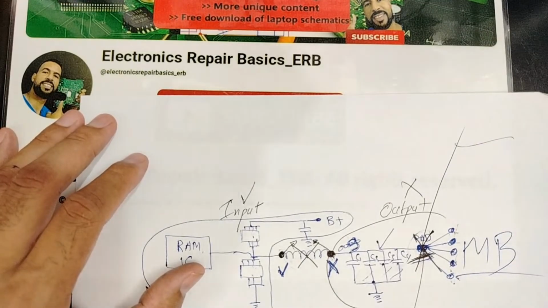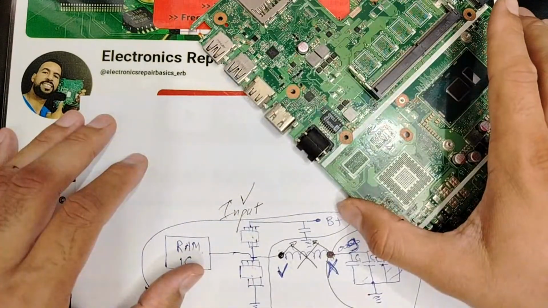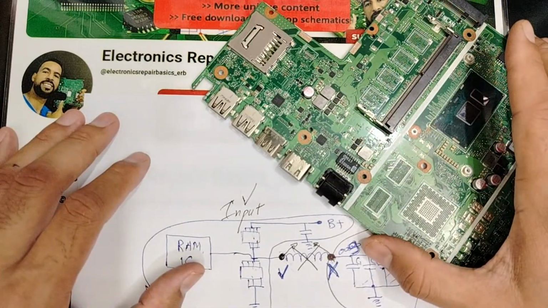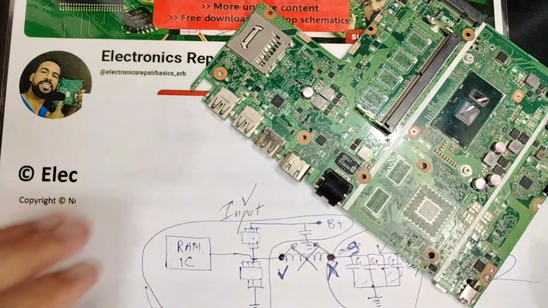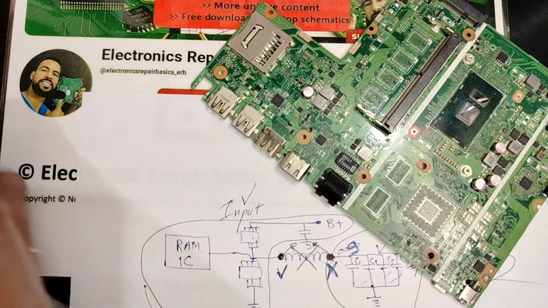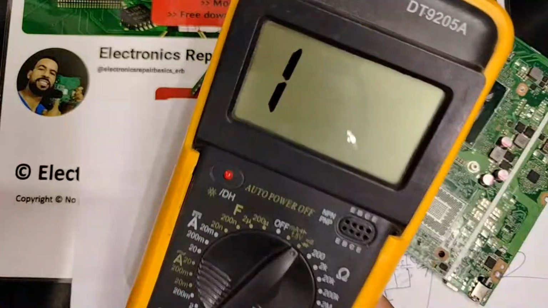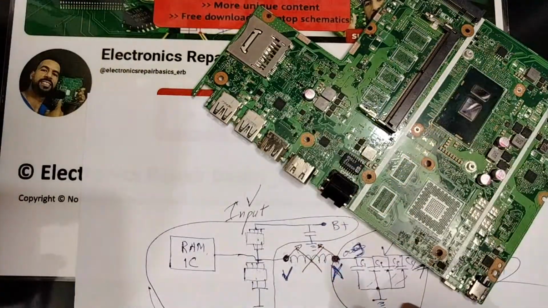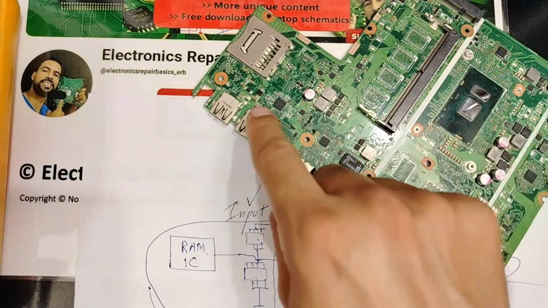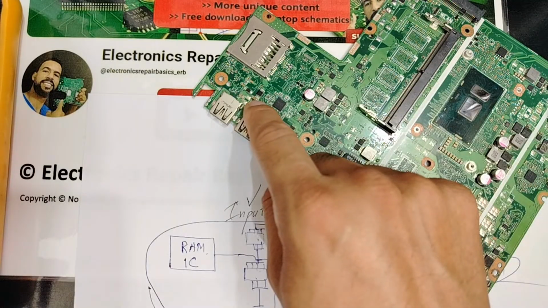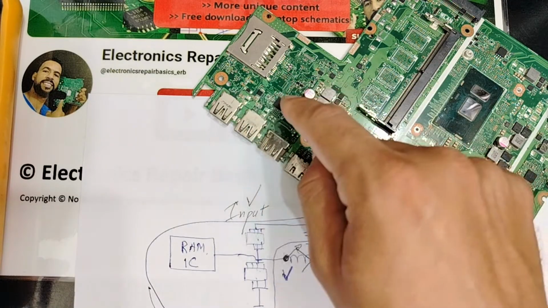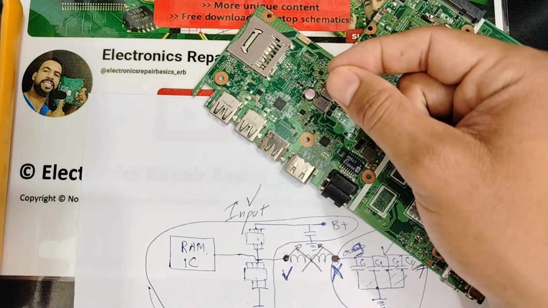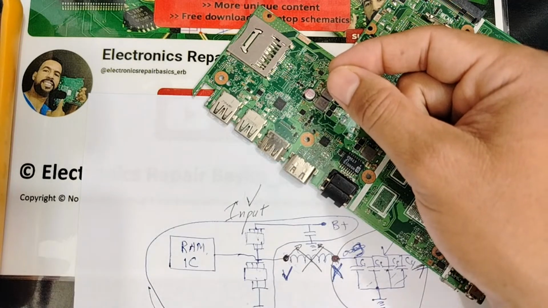But if someone tells you to use the thermal camera, let's assume, for example, I use the thermal camera and find that this ceramic capacitor is overheated. I will replace it. Oh, nice, it is the shorted component.